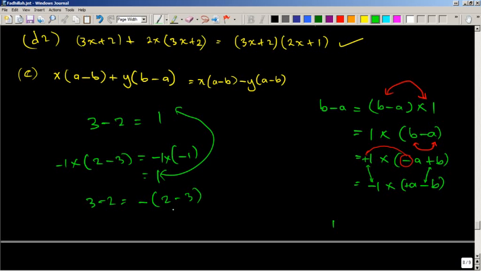You see? Same. This one also, the answer to 3 minus 2 is 1. This one is minus 1. Minus 1 becomes plus 1 also. Same. The same.